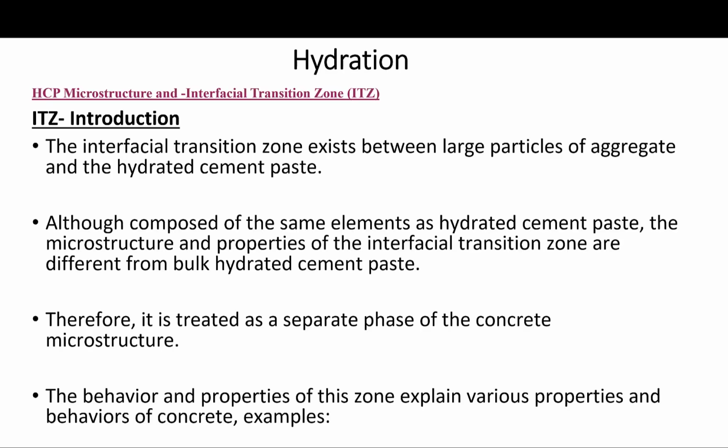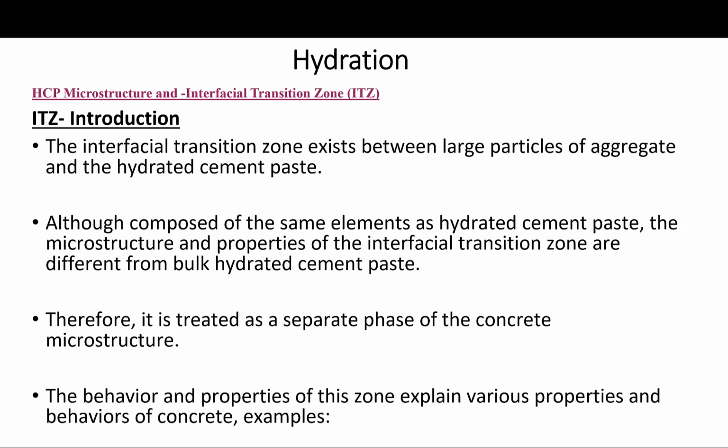So, as an introduction and general definitions of the ITZ, the interfacial zone exists between the large particles of aggregate and hardened cement paste. Although composed of the same elements as hydrated cement paste, the microstructure and properties of this interfacial zone are different from the bulk paste.